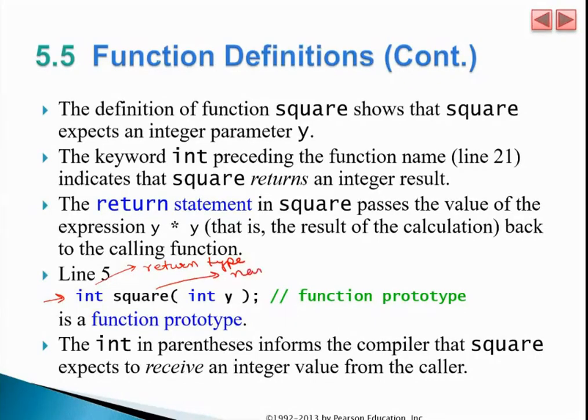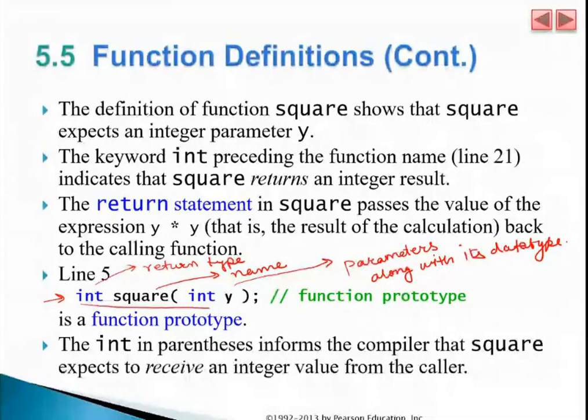The name of the function, square is the name, and all the parameters that the function will take along with their data types. This is called prototyping. Why is it important? We will see. But this is function prototyping.